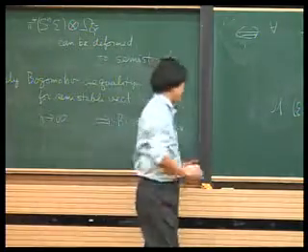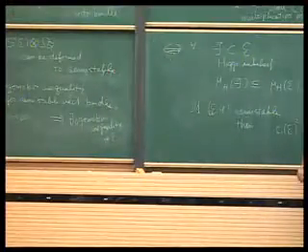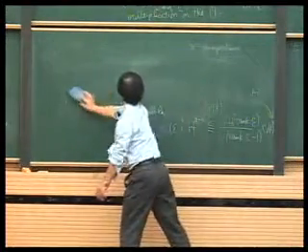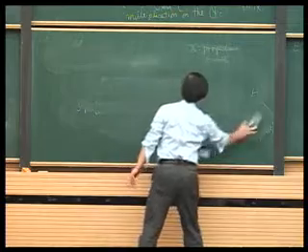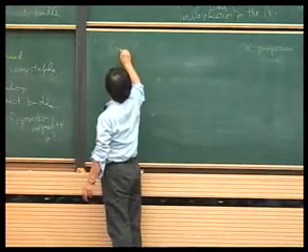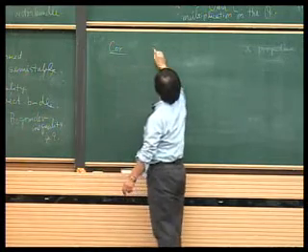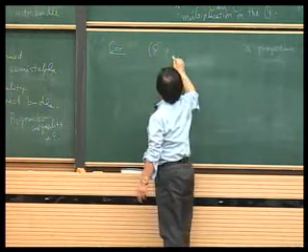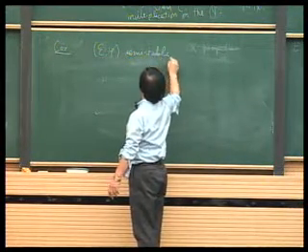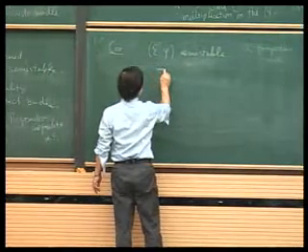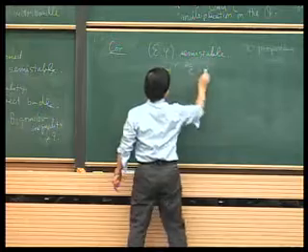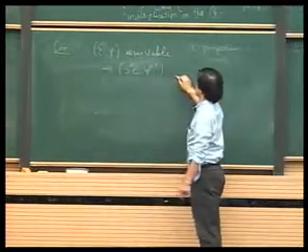And simultaneously, you can also prove the following corollary. If (E, phi) is semistable, then so is the symmetric tensor.